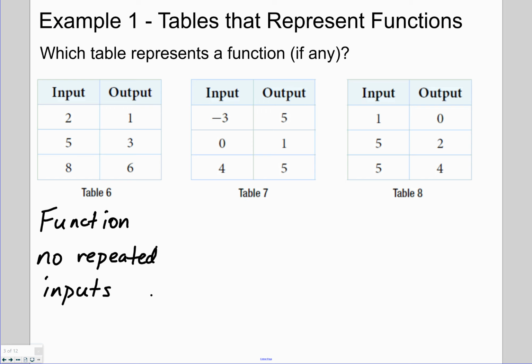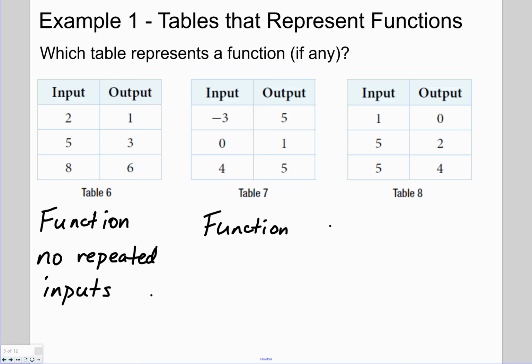Let's shift to table 7. What do you think about table 7? Sylvester, what do you think about table 7? Function? Not a function? Function. Why? So they try to trick you because they put the same output.